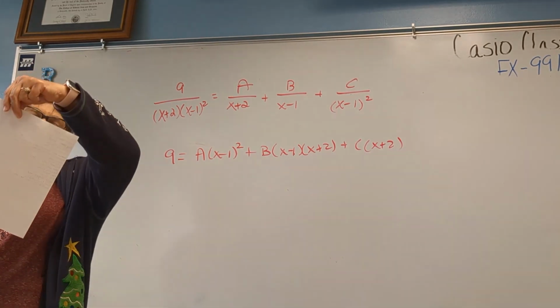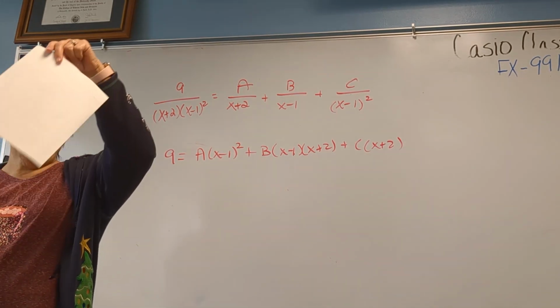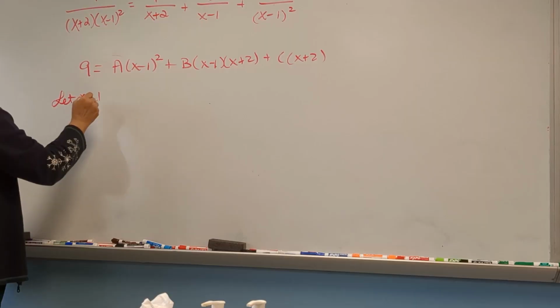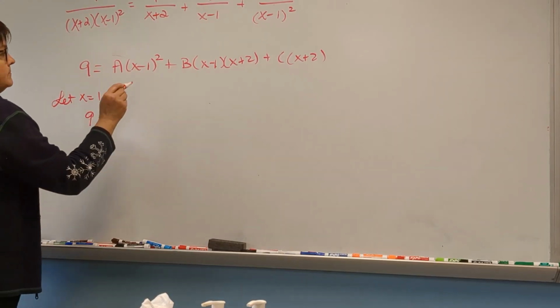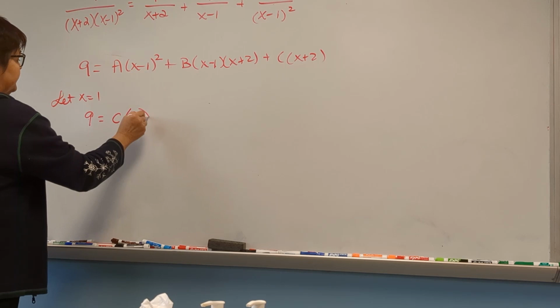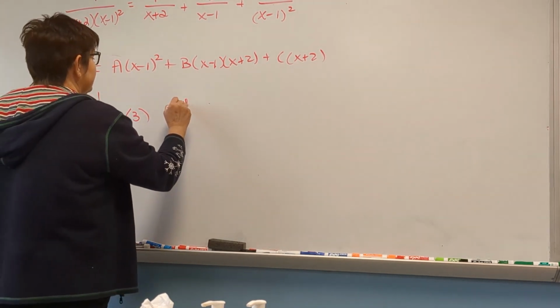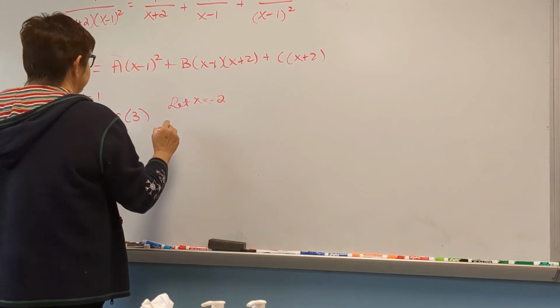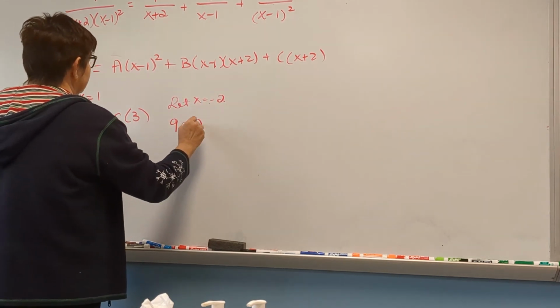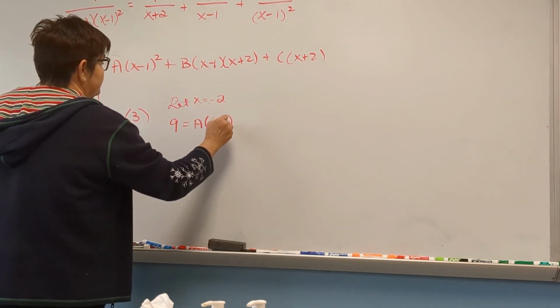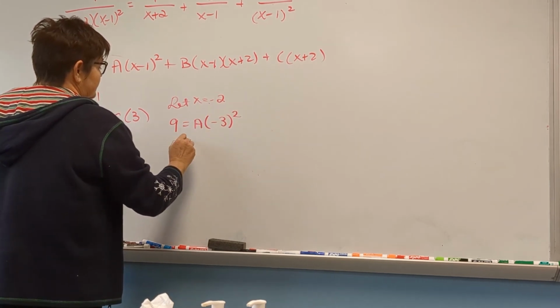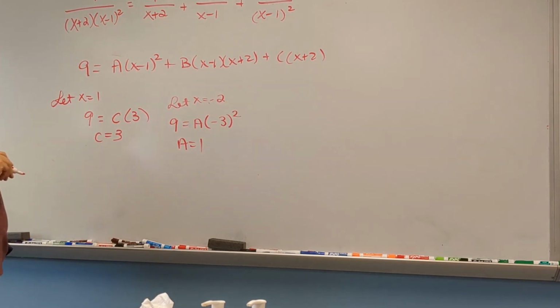Okay, I guess on the back of this, I'm going to send it back around. You bring back, did you get C as 3? Mm-hmm. All right. A is 1. Yeah.